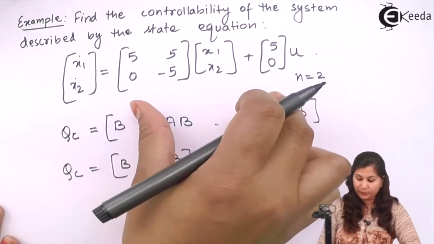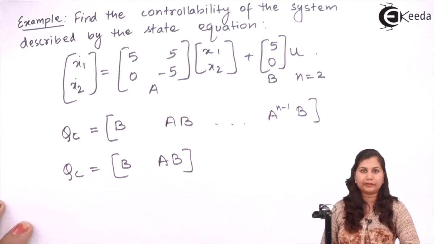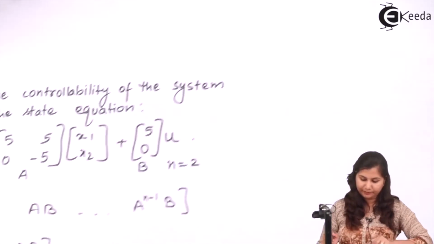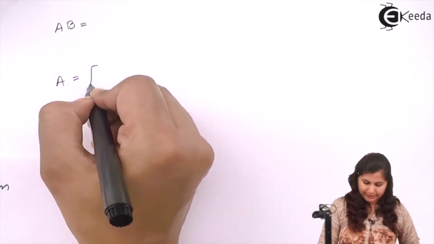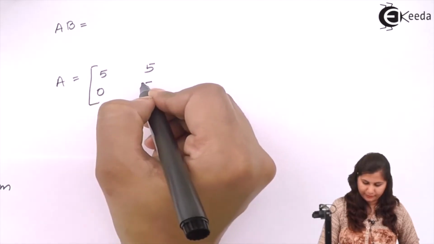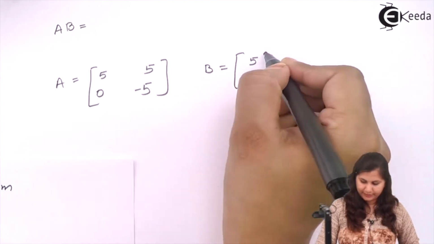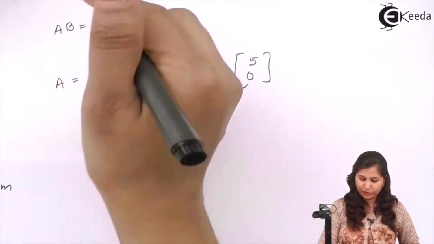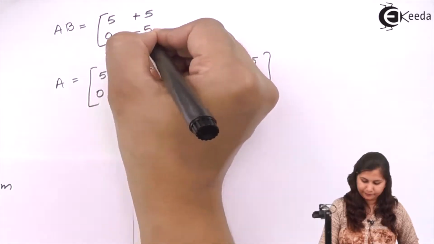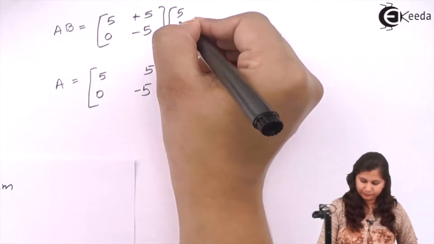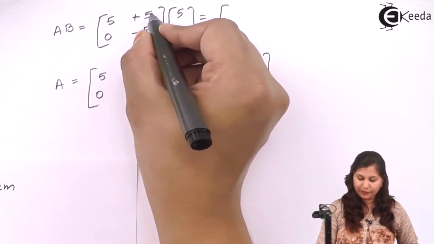Okay. Now the state equation is given to us. So here is the A matrix and here is the B matrix. So let's calculate AB. A is given to us as 5, 5, 0 and minus 5, and B is 5 and 0. So AB will be the multiplication of these two. 5 into 5, 25, plus 5 into 0, 0.